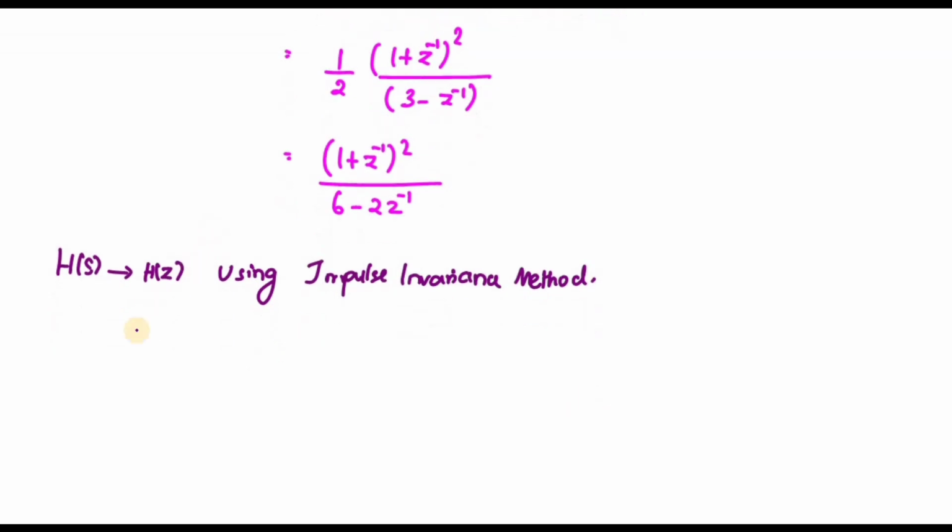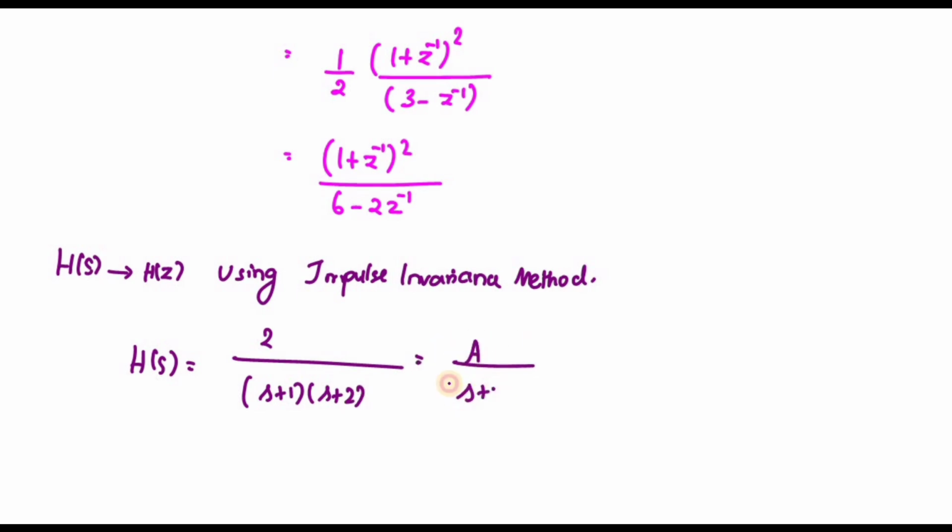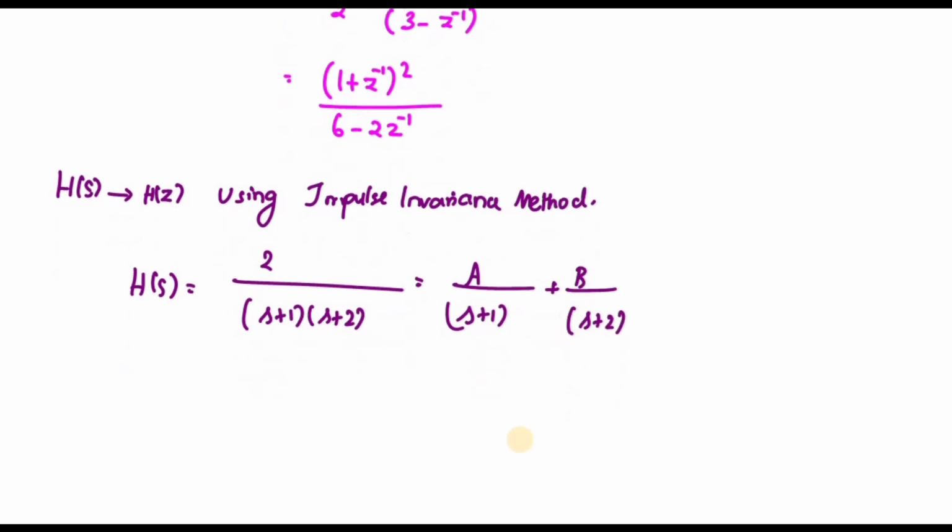They have given the H(s) value. H(s) is nothing but 2 divided by (s plus 1) into (s plus 2), right? So if I apply partial fractions, A divided by (s plus 1) plus B divided by (s plus 2). In the impulse invariant method you have to do the partial fraction method only.